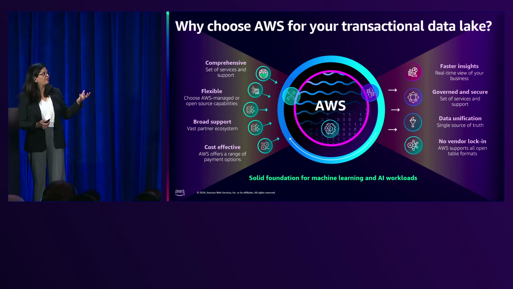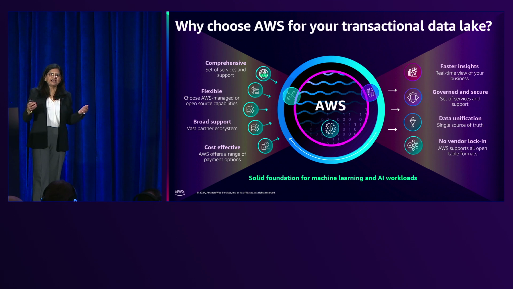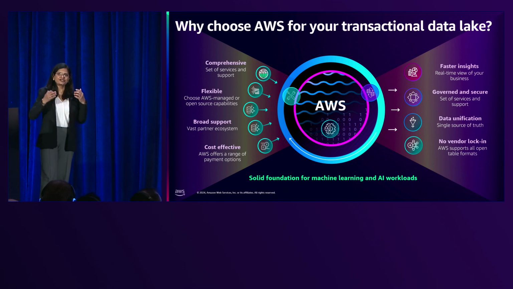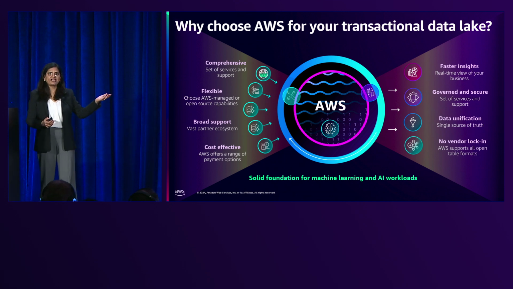We are constantly working on security to give you better controls on how you can add fine-grained access controls to your data and your metadata, and bring the data unification through SageMaker Lakehouse and SageMaker Unified Studio, so you could do it all from one place. And then there is no vendor lock-in with all these features that we are bringing in.